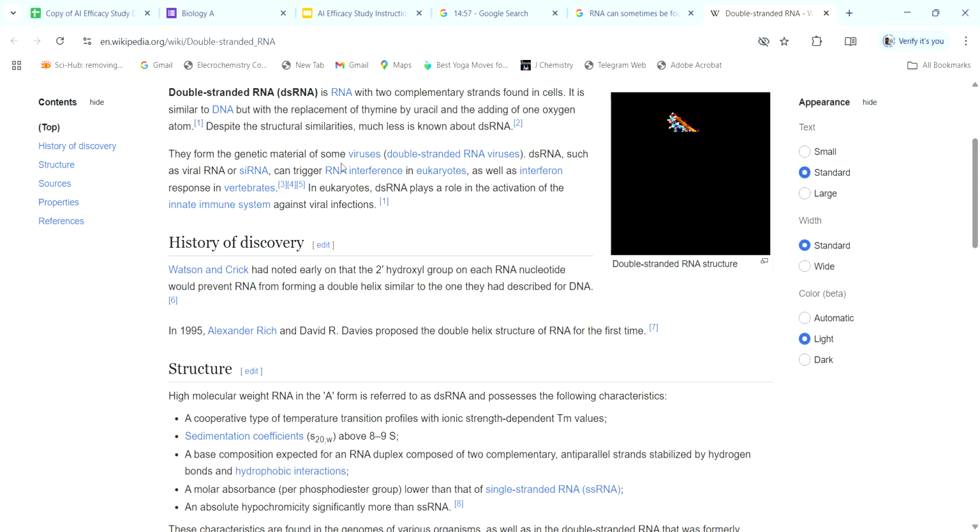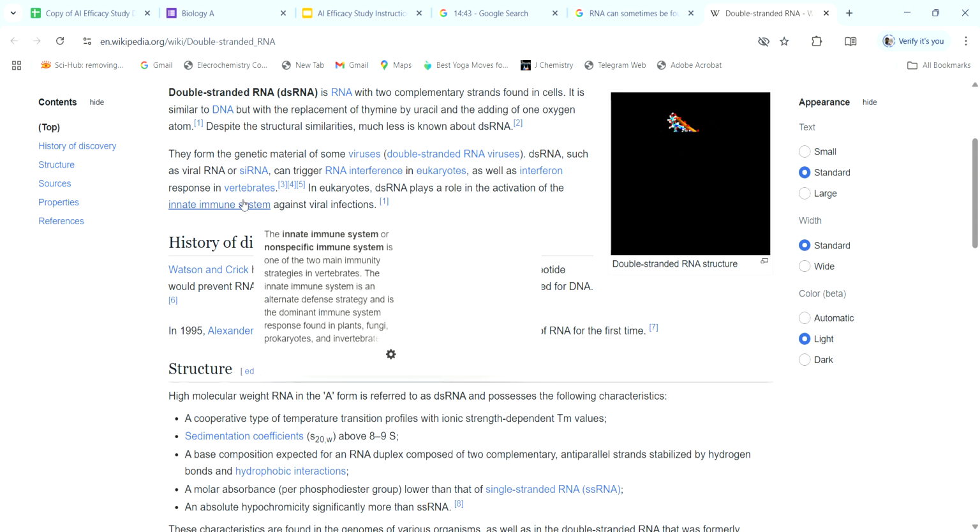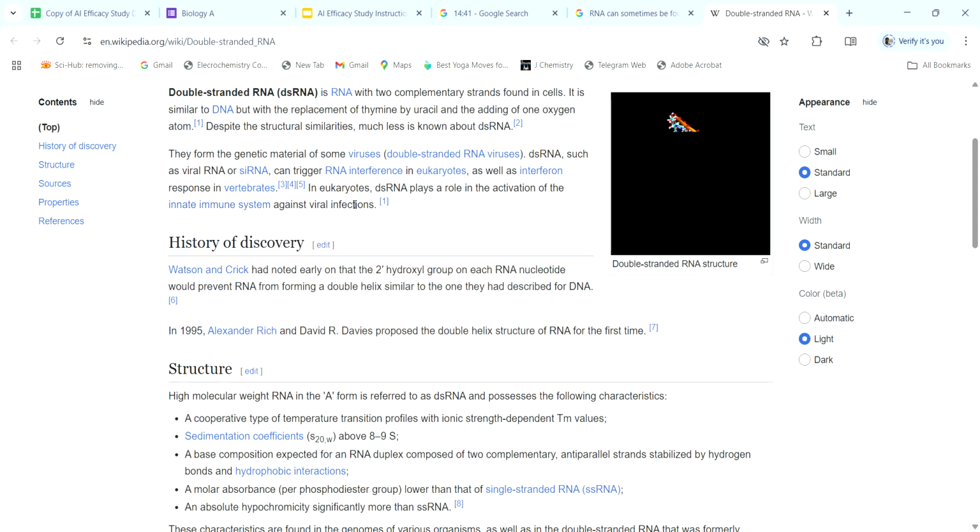Double-stranded RNA, such as viral RNA or siRNA, can trigger RNA interference in eukaryotes as well as the interferon response in vertebrates. In eukaryotes, double-stranded RNA plays a role in the activation of the innate immune system against viral infections.